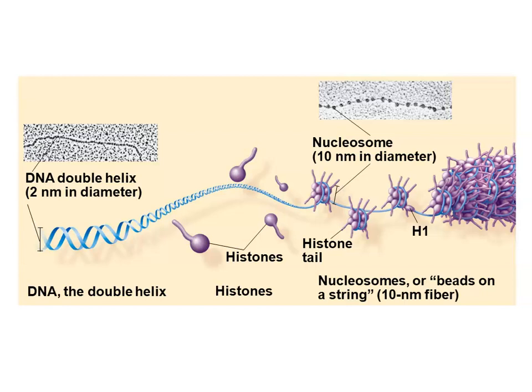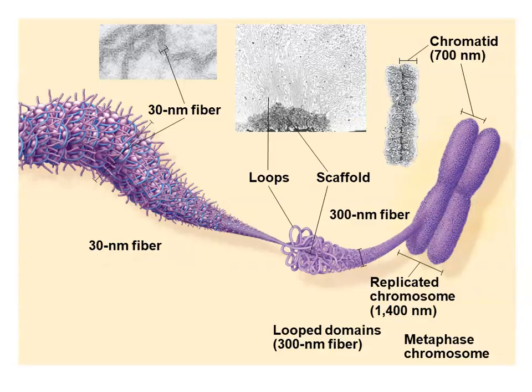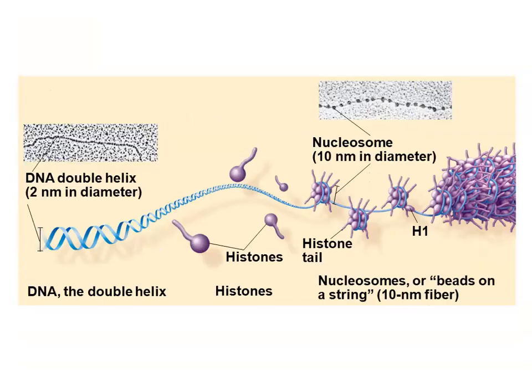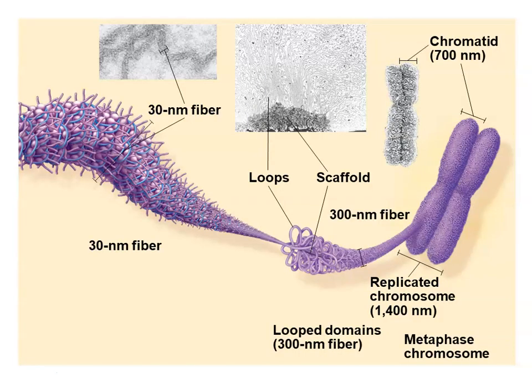And then you can wrap the nucleosomes around one another to make fibers. Those fibers can form loops, and then they can scaffold on one another, and we get our chromosome. And you can see there, because you have the replicated chromosome, we've gone from having a 2 nanometer double helix all the way to a 1400 nanometer replicated chromosome.